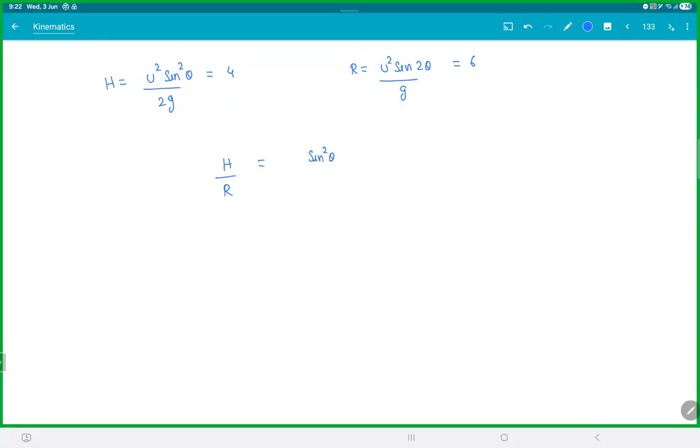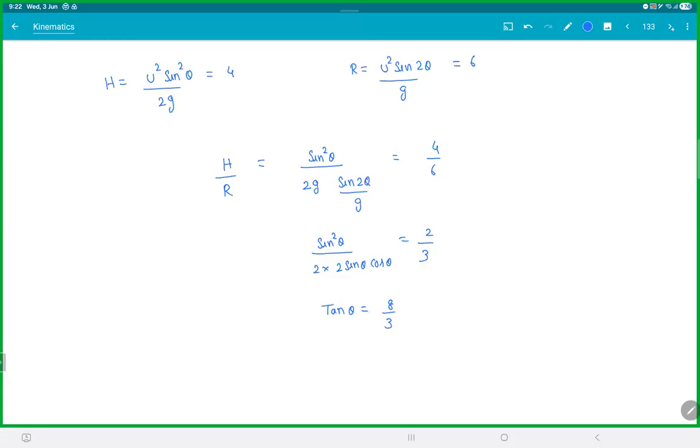You get sine square theta by 2g over sine 2 theta by g, and this is 4 by 6. G will cancel. This will be sine square theta over 2 sine 2 theta, and sine 2 theta is 2 sine theta cos theta, so 2 by 3. One sine will cancel. We'll get tan theta is equal to 8 by 3.